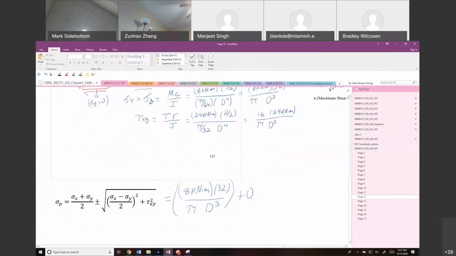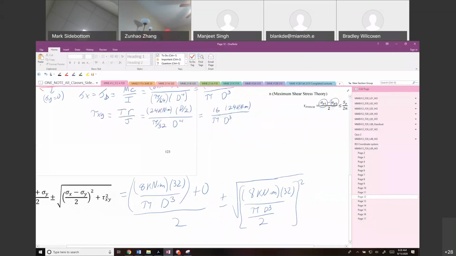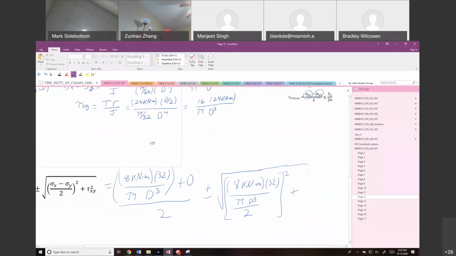Then this would be this number divided by 2, plus or minus the square root of sigma x minus sigma y over 2, which is just the same 8 kilonewton meters times 32 over pi d cubed divided by 2, squared, plus tau xy squared.